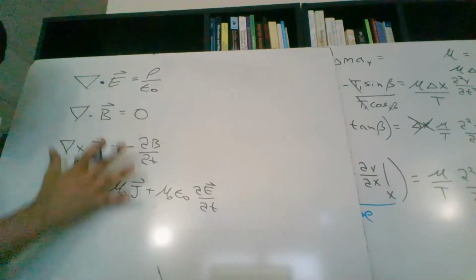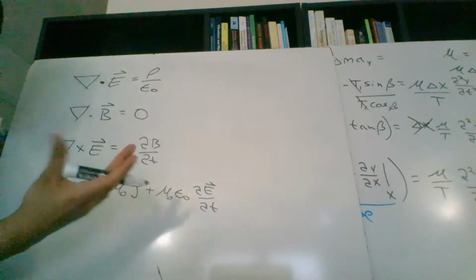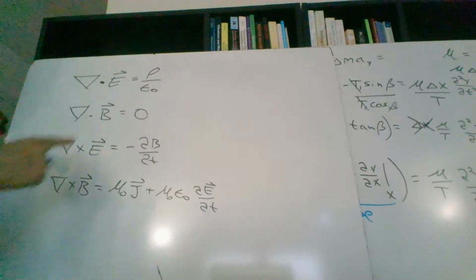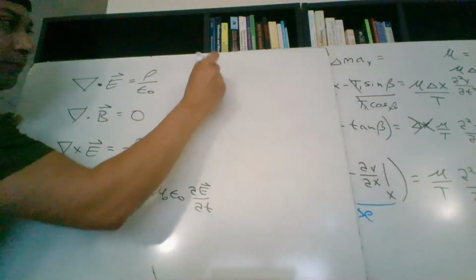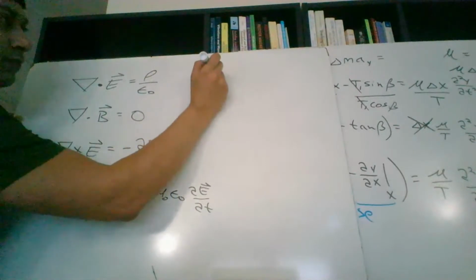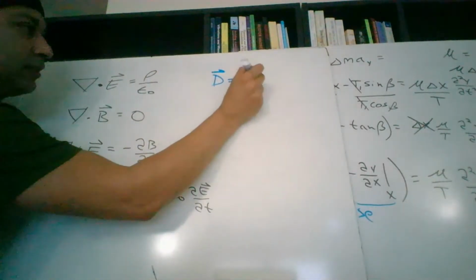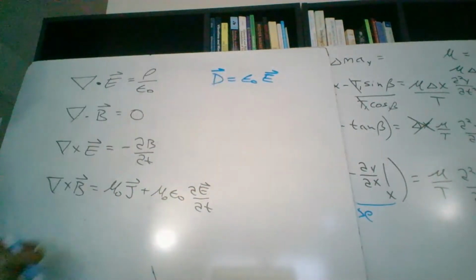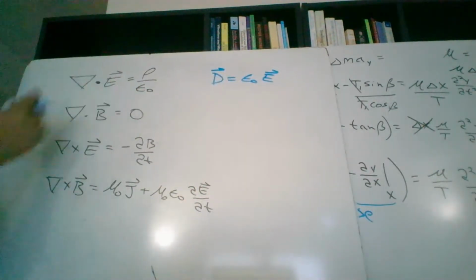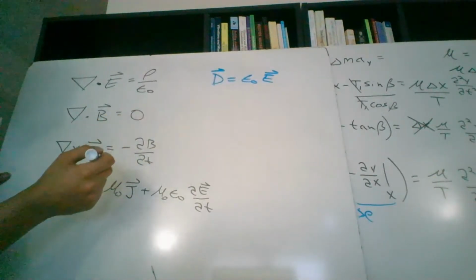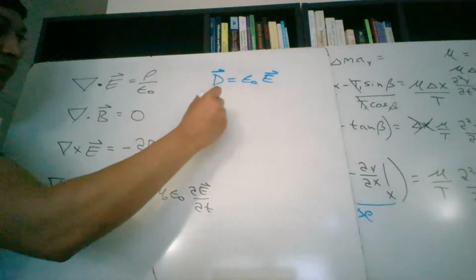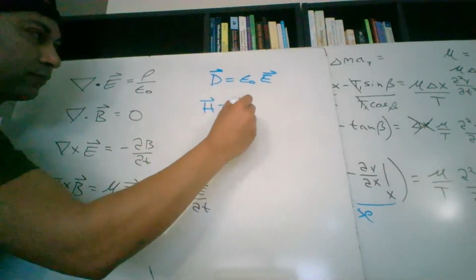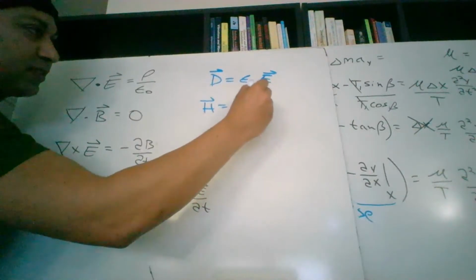However, there's a different notation, and it's not that difficult, but it's something that you might want to know. We have this new letter D, and D is equal to epsilon naught times the electric field. There's a reason why we want to write it that way. It actually cleans up this equation a little bit nicer. And then we have another one, H, which is going to equal 1 over mu naught times the magnetic field.